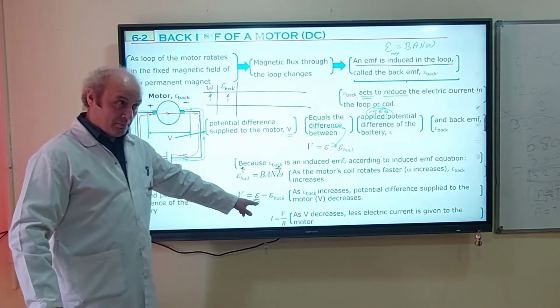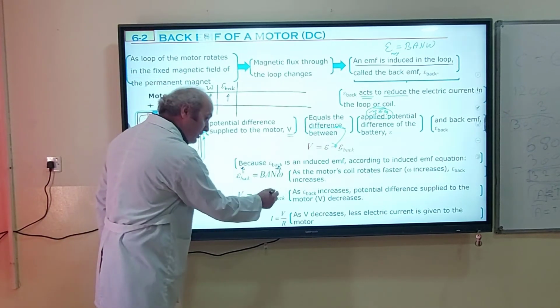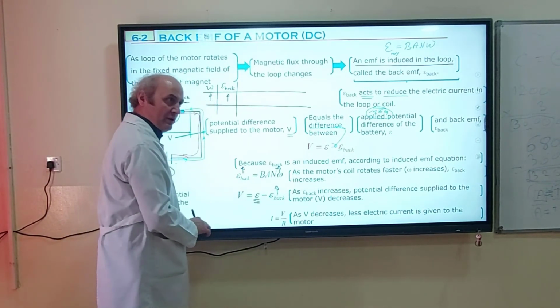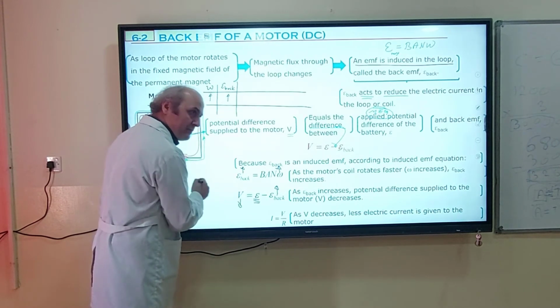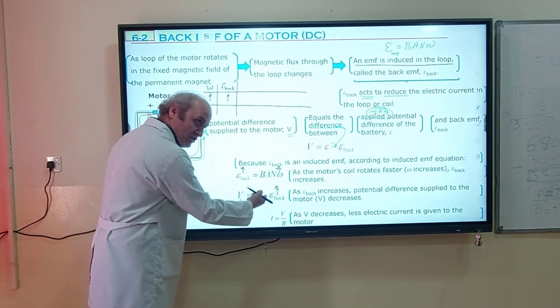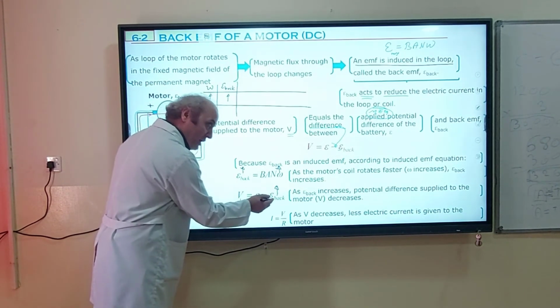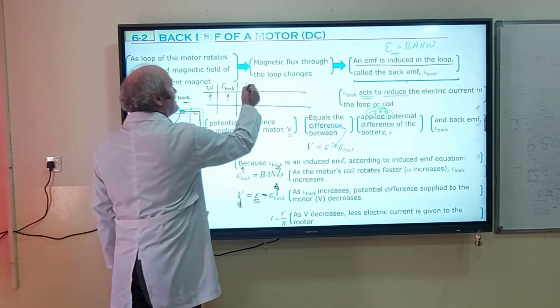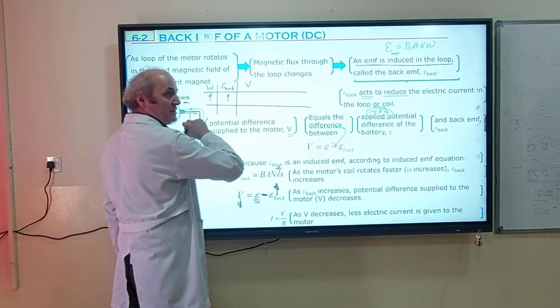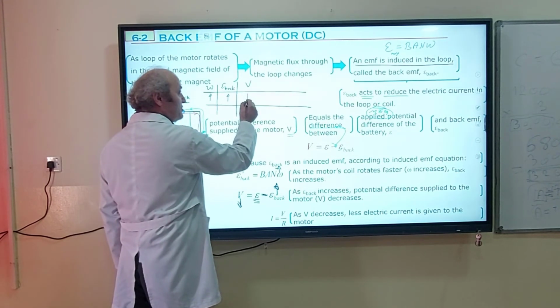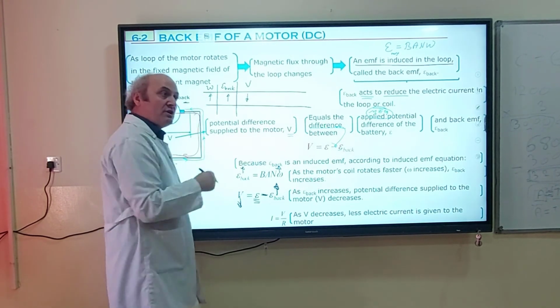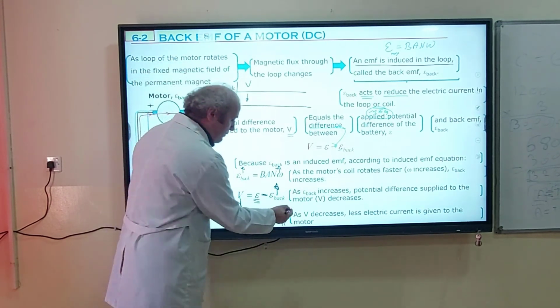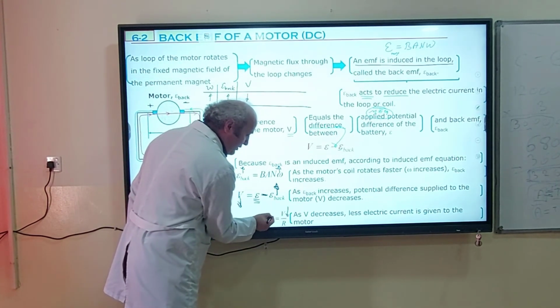If this is fixed but E back is increasing, what do you expect V to be? It decreases. Because of the subtraction, if this gets greater, this gets smaller. So let's put it here as V, the potential difference applied to the motor. It decreases. If V decreases, according to Ohm's law, what about I?